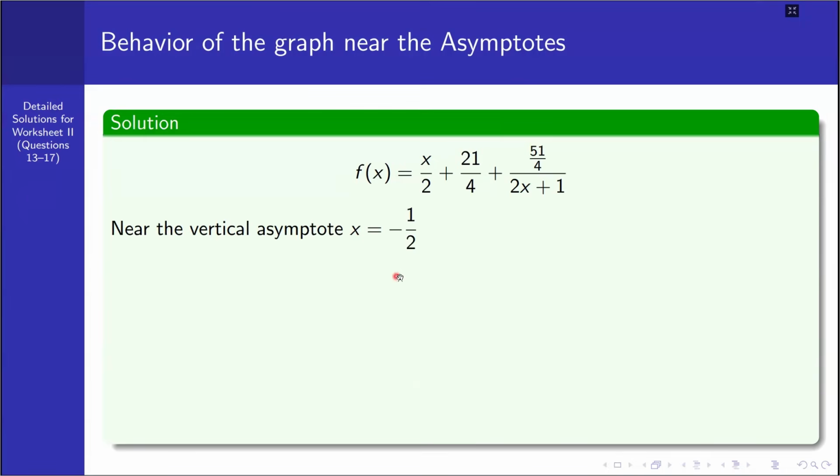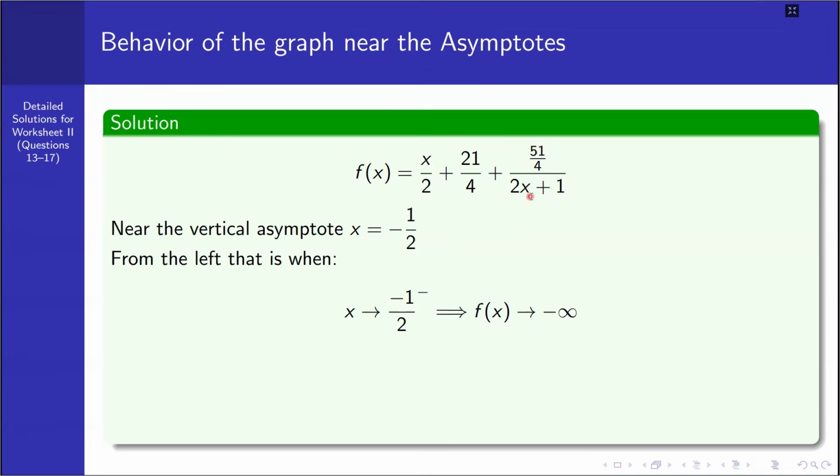Then, to see what the behavior or property looks like near the vertical asymptote, x equal to negative 1 over 2, what does the graph of the function look like on the right and left sides? For example, from the left side, when x approaches negative 1 over 2 from the left, 2x plus 1 will approach 0, and this 0 could be from the negative side, so it tends to negative.